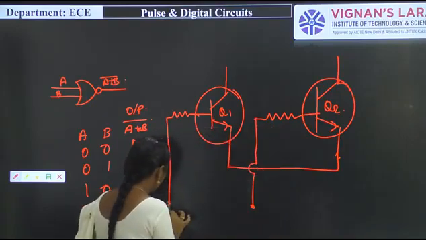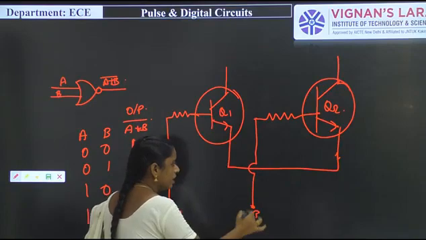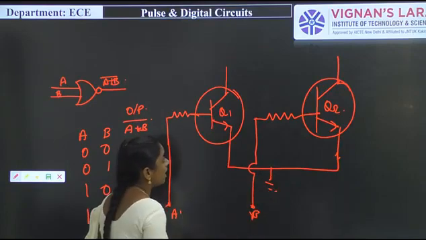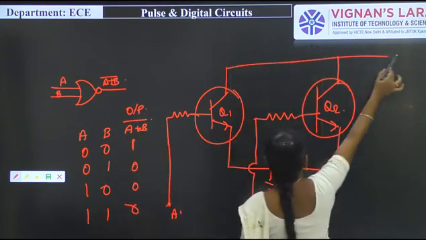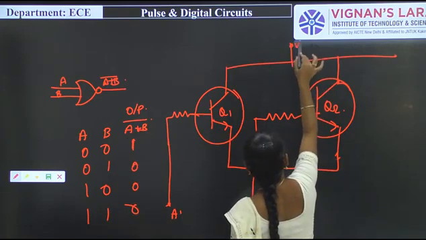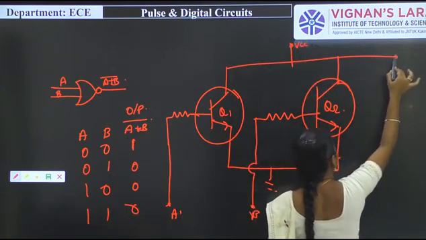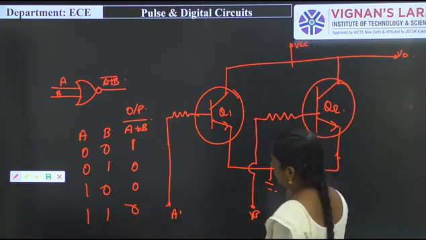Here this can be A and B, and both the emitter terminals are connected to the ground. This one is connected to VCC. Collector terminals are connected to the VCC, and here we take the output V0.